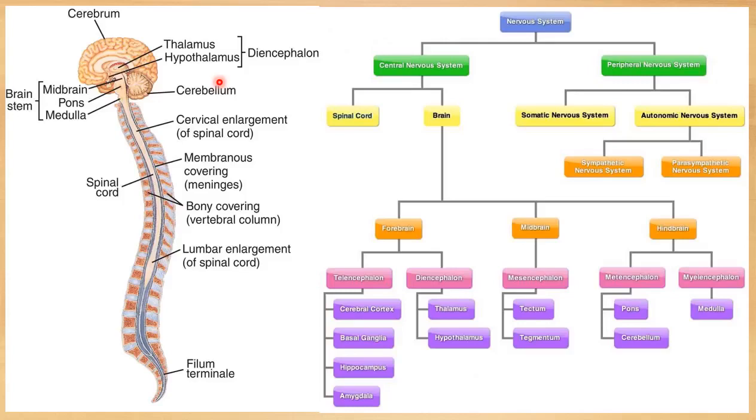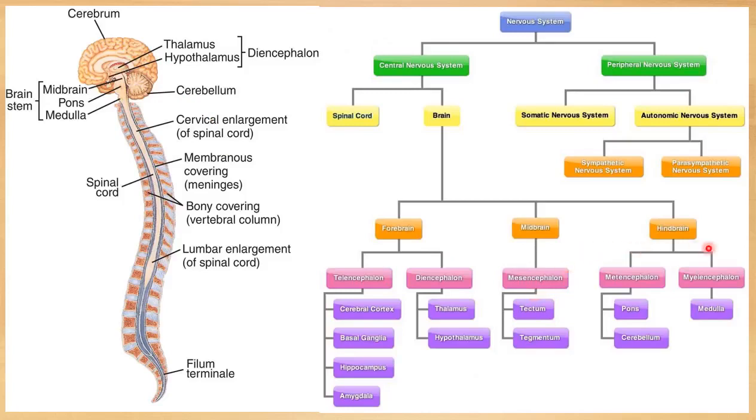So your prosencephalon can be divided into the telencephalon, which is your cerebral cortex, and the diencephalon, which is your thalamus and hypothalamus. The midbrain is from the mesencephalon, and it remains as the midbrain only. Again, need not worry about the tectum and tegmentum. The midbrain remains a singular structure.